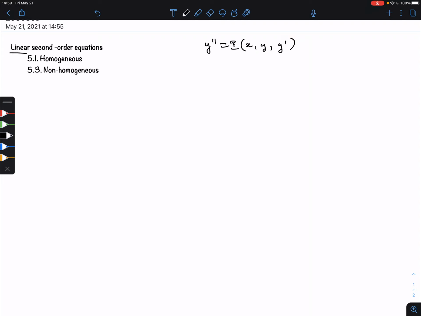Okay, so before I say what linear means, before talking about the second order, remember that a first order linear equation looks something like this. Remember that? Linear, because the linear here applies to the occurrence of y. Namely, it appears here as a linear only to the power 1.